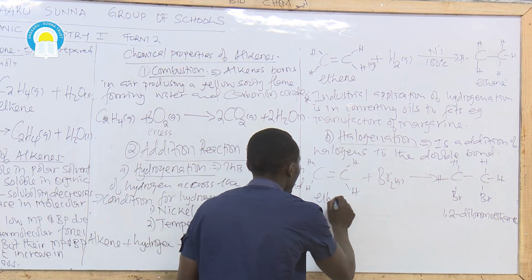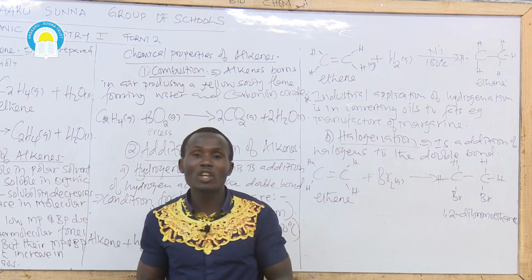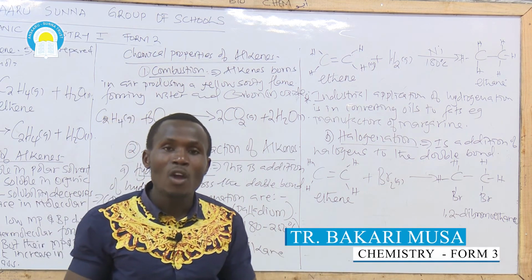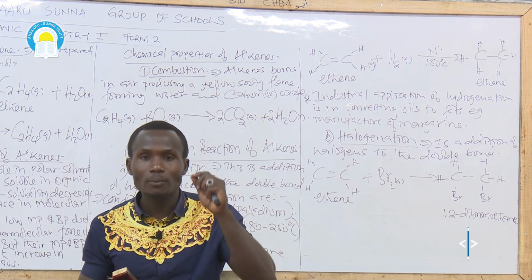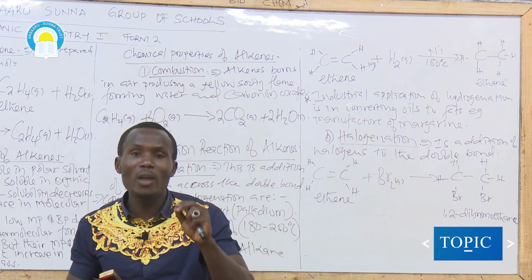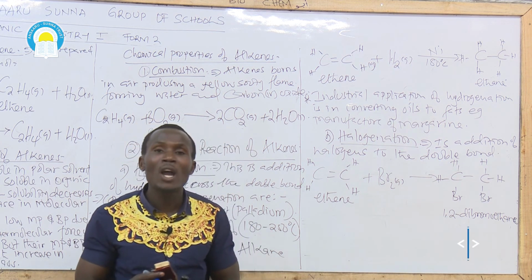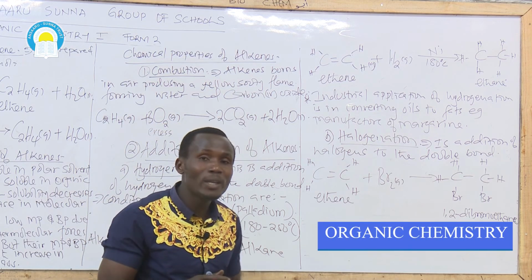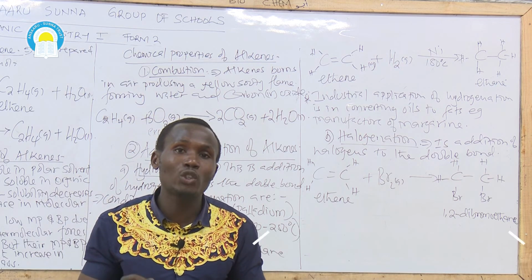This reaction does not require sunlight like alkanes. We saw that when alkanes were reacting with halogens, the condition necessary was UV light or sunlight, needed to break the molecules into atoms for that reaction to occur.